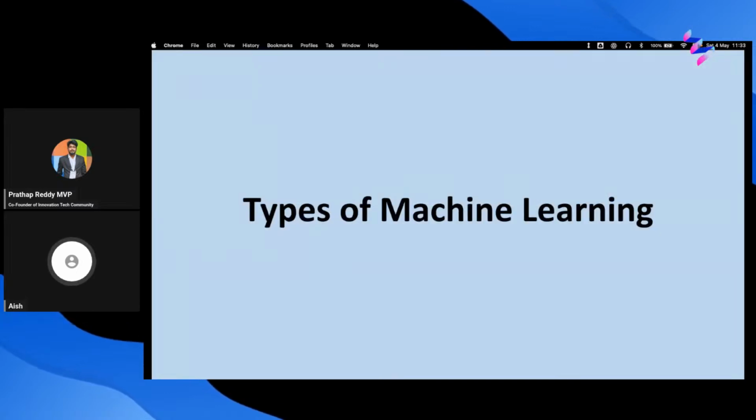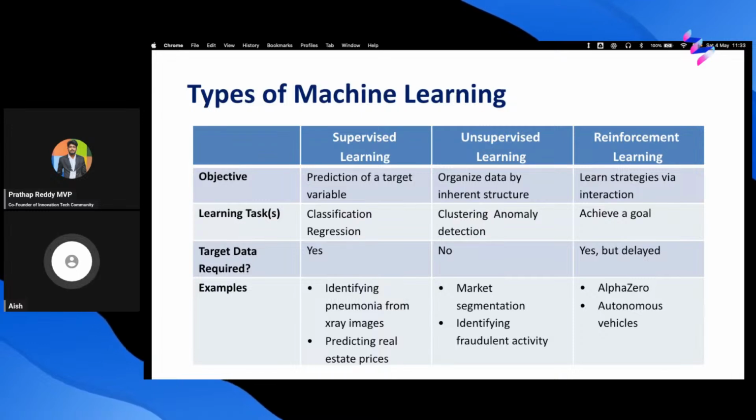Okay, so now let's see what the different types of machine learning are. There are three main categories: supervised, unsupervised, and reinforcement learning. By supervised learning, we mean that we want to predict a target variable. The main difference is that it is always done on pre-labeled data.